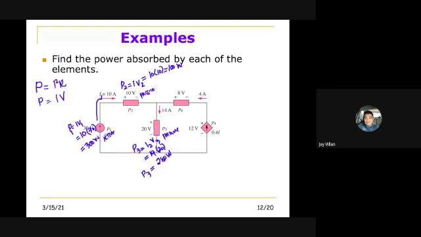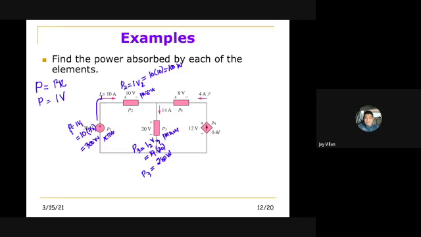This is an active element. Pag ganito naman siya, take note, the current here goes out of the positive terminal. While this one, the current enters in the positive terminal. That's passive. That's a positive terminal, and this makes it also passive. So this is negative, this is positive, this is positive, and this one is negative.